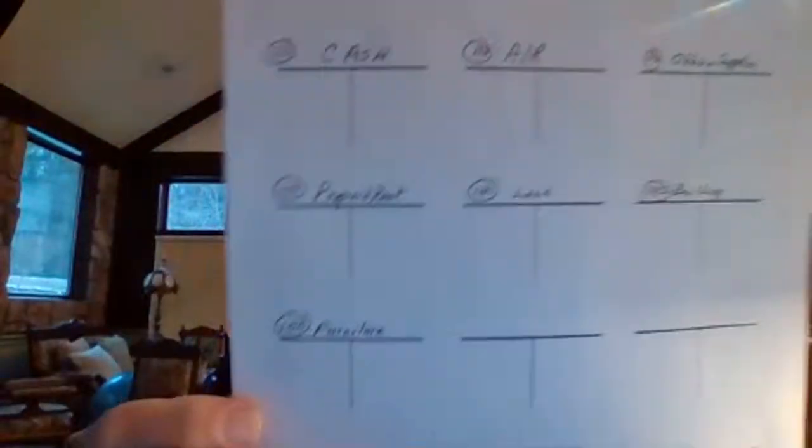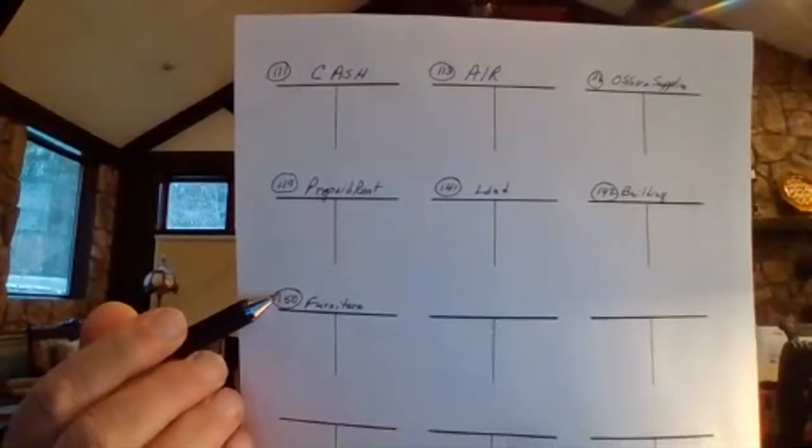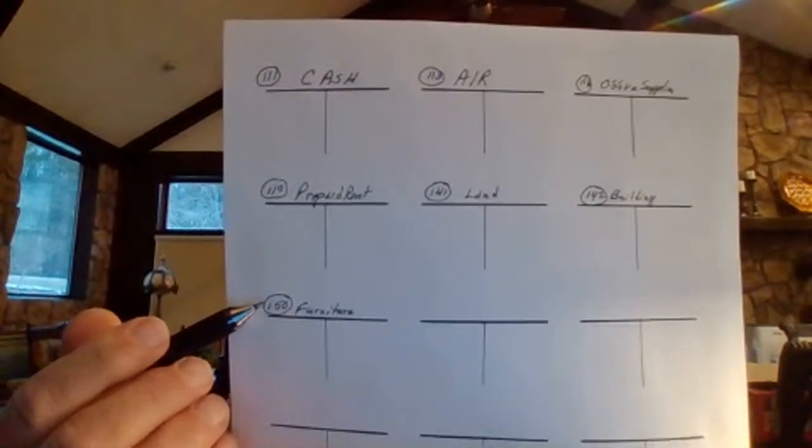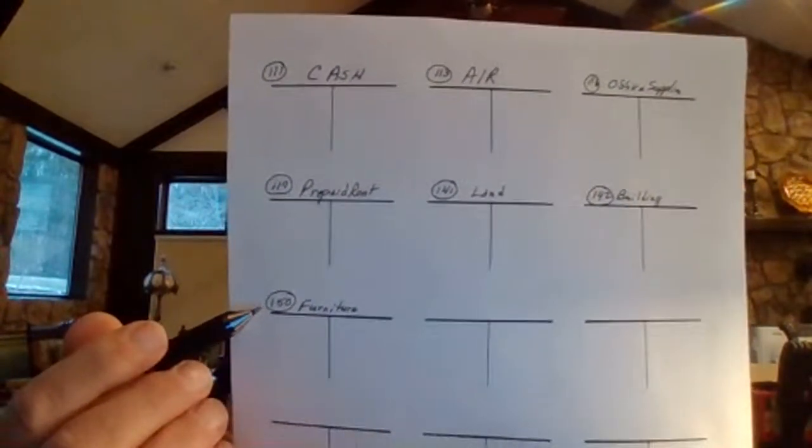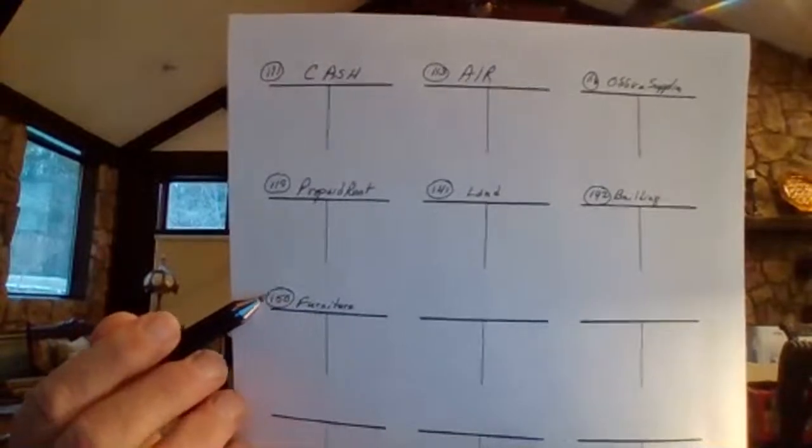And furniture. It's not on the chart of accounts, so maybe we can call that account 150. You can always add something, but it's not on the chart of accounts, but I have to use a number that hasn't been used. And furniture is an asset, so it still has to begin with a 1, okay?